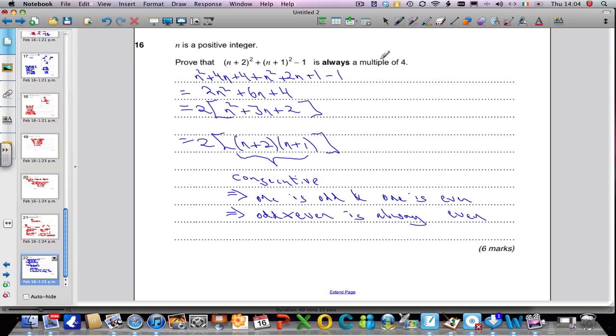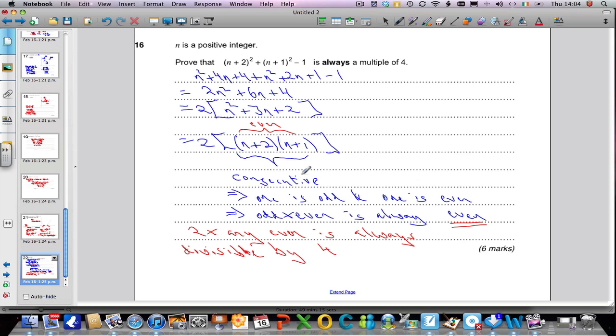So I know that this whole part here must be even. Okay, and if you double any even number, 2 times any even is always divisible by 4.